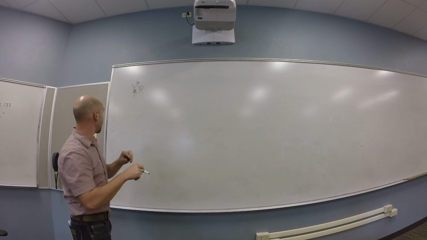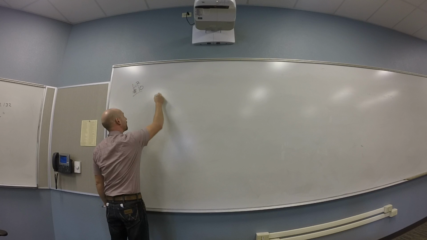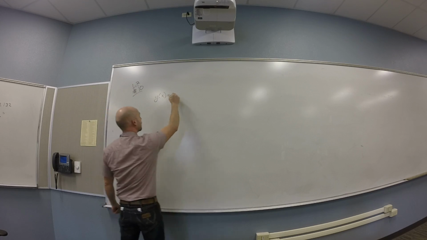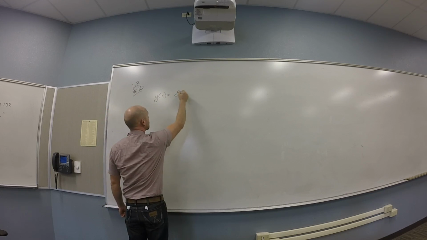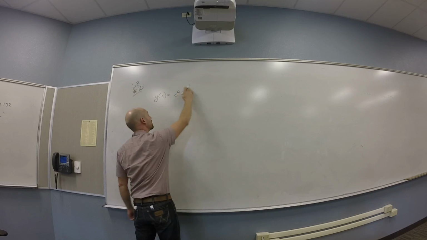Okay, so number 10 in 1.2 is vaguely nasty. As I recall, it's something like y of x is c squared plus cx plus 2c plus 1.